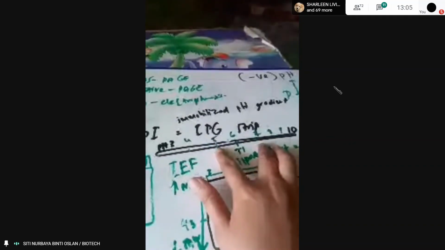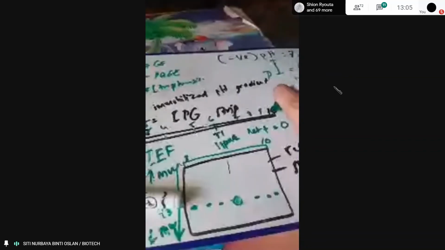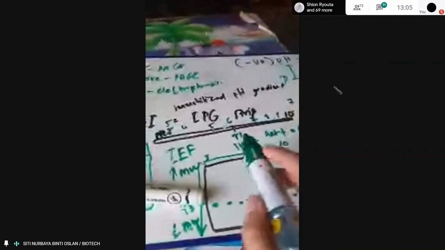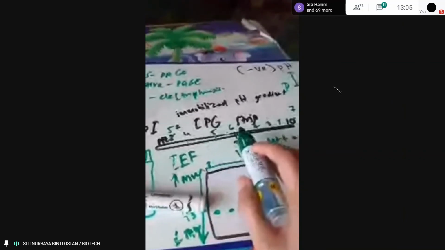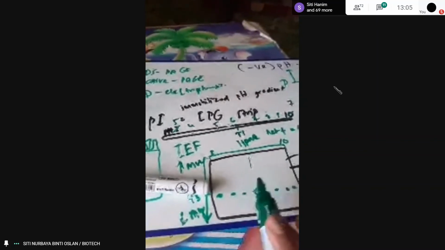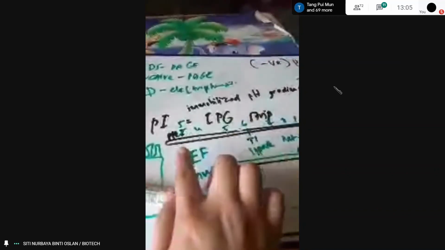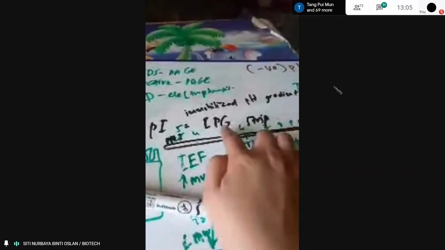If you have pH 5 to 7, this part becomes 5, this part becomes 7, so the 6 is in the middle. So it will just separate every point of it.